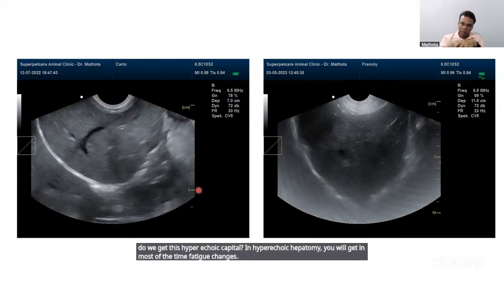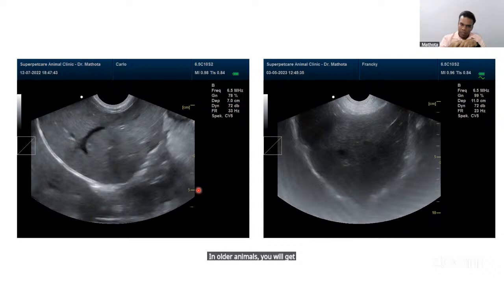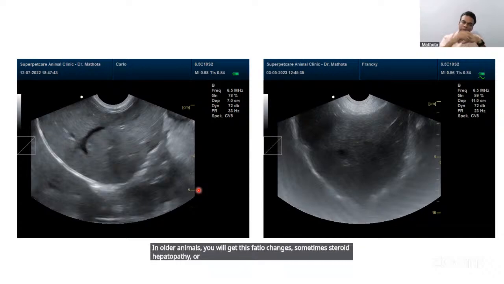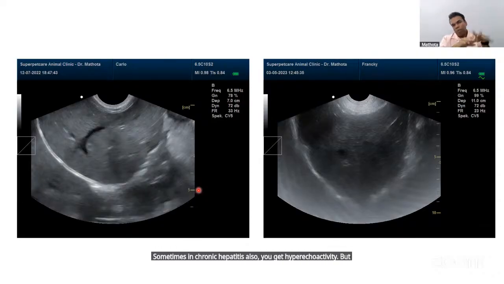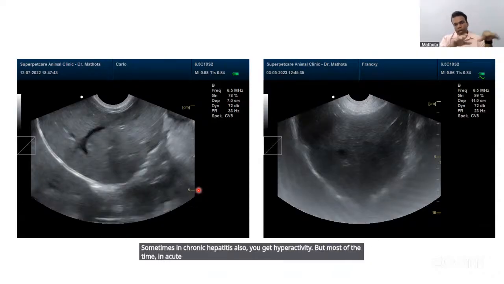In older animals, you will get these fatty changes, sometimes steroid hepatopathy, or sometimes some fibrosis-like condition, you will get hyperechoic liver lobes. Sometimes in chronic hepatitis also you get a hyperechoic liver. But most of the time in acute hepatitis and congested liver lobes, you will get hypoechoic liver lobes.